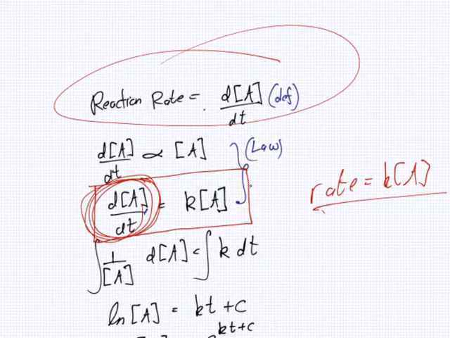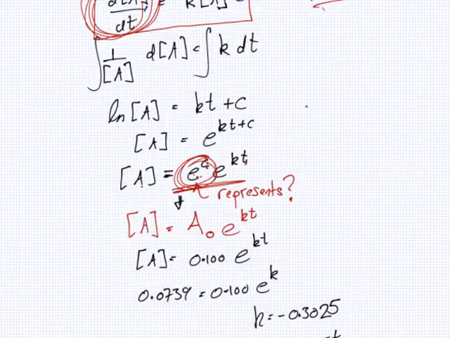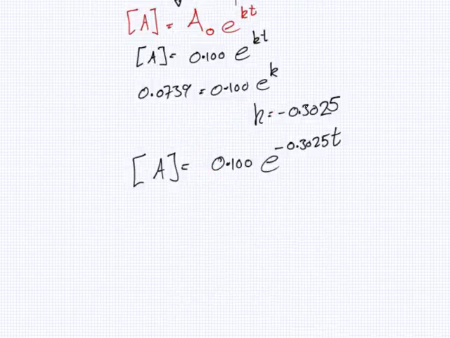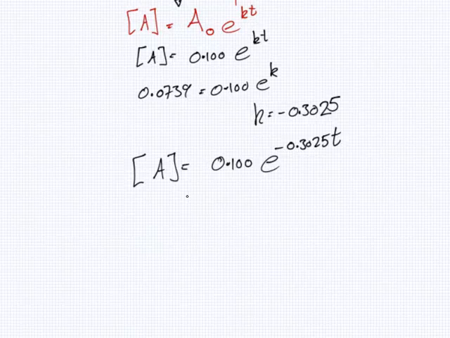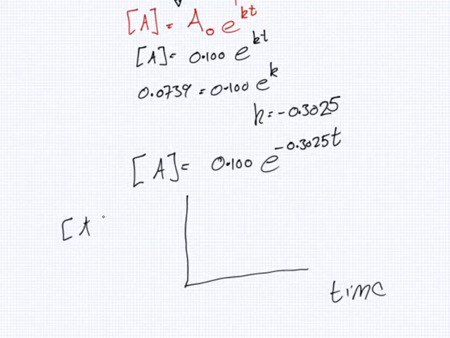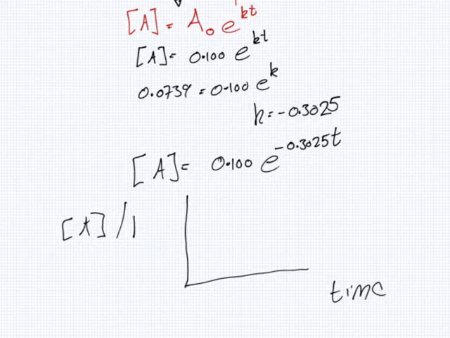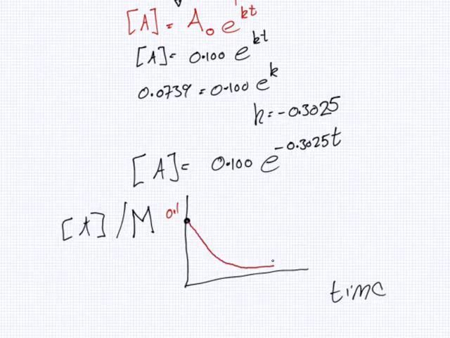And because you know this, it means you can use your integration and you can get this answer, which means you can get this graph. Here is time, and here is concentration. What unit is concentration? Molars, isn't it? Big M? Yeah. And what shape is this graph? It goes down, doesn't it? So it's decreasing like this.